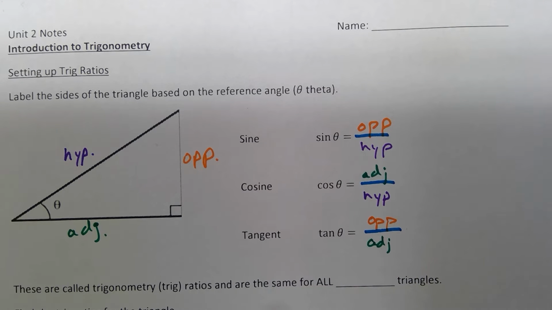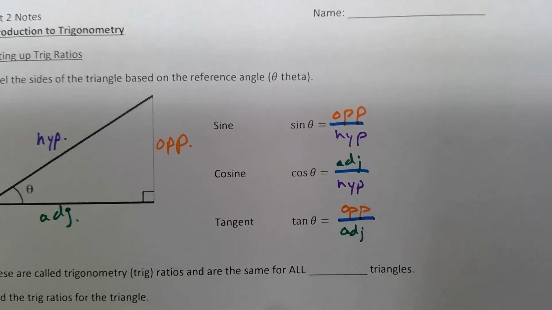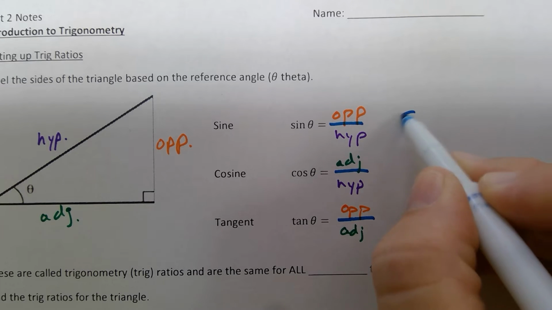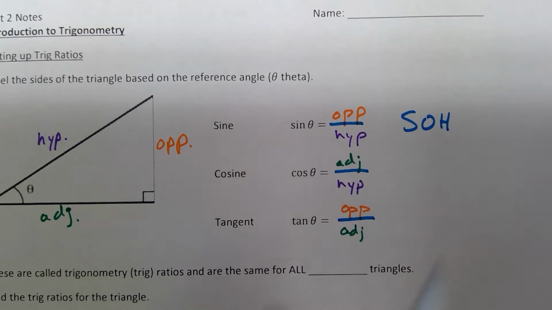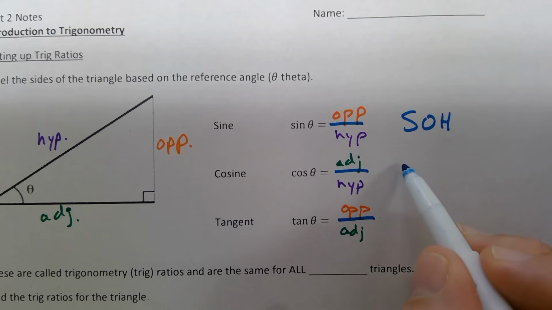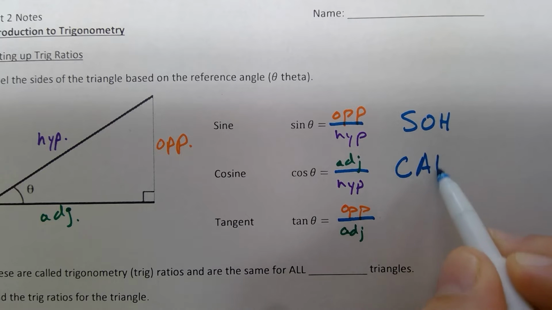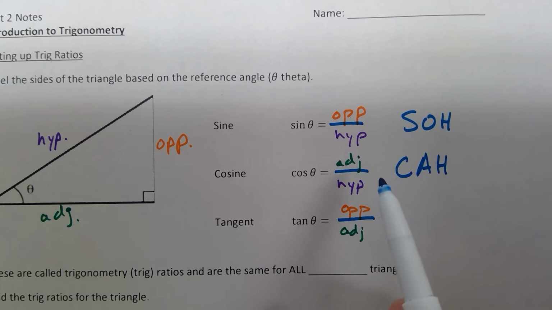Now, you might be saying, Mr. Herman, that's a lot to memorize and to remember what those ratios are going to be. Well, that's fine, because we have a little handy-dandy mnemonic device. With sine, we can remember that as SOH. Sine is opposite over hypotenuse. For cosine, we have CAH. Cosine is adjacent over hypotenuse.